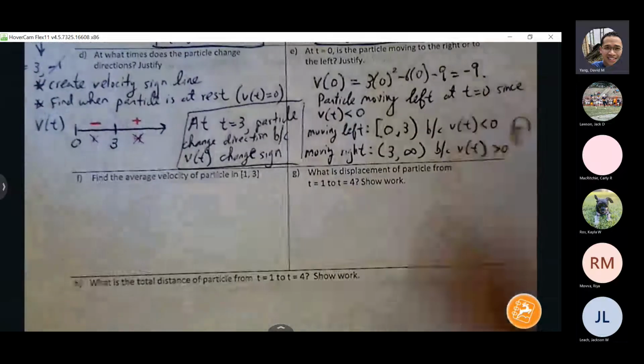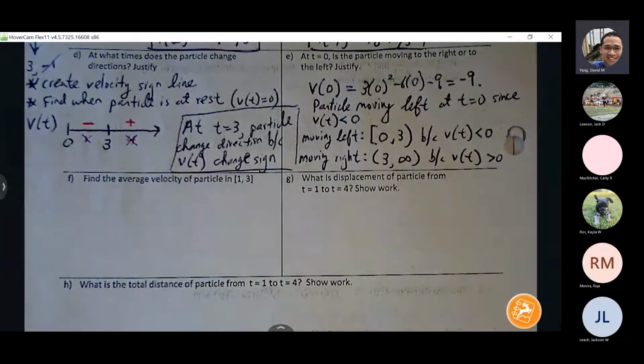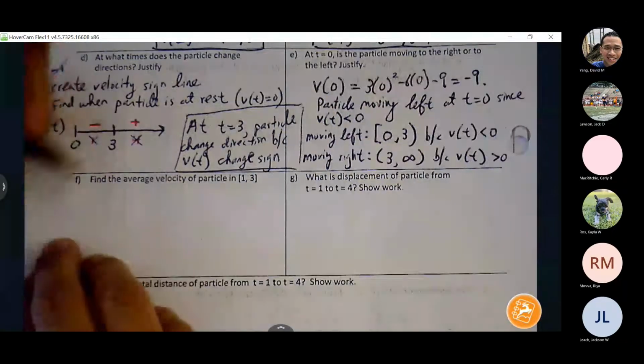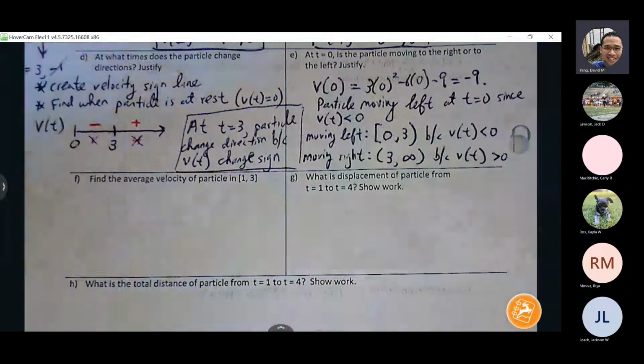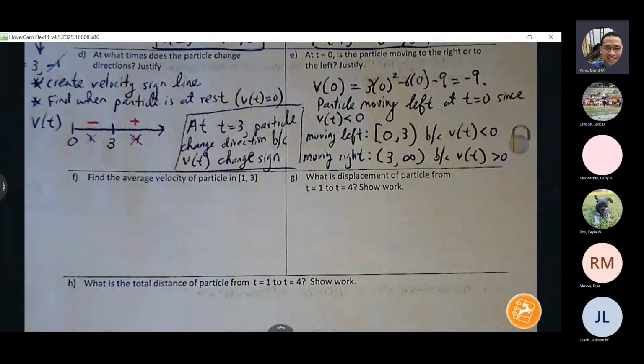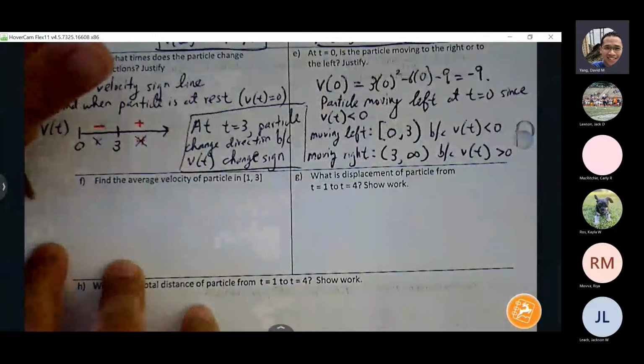Okay, part F, find the average velocity. So this gives students trouble here. What's the definition of average velocity? Good. Change in position over change in time. We do not touch the velocity function through this process.